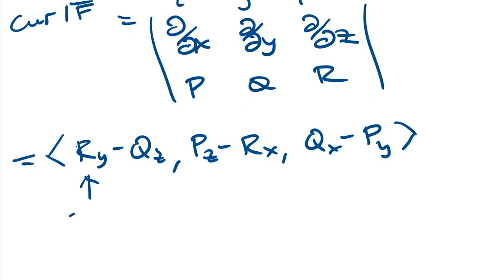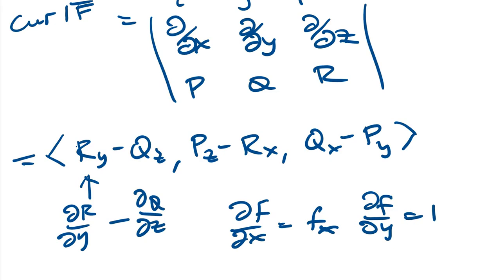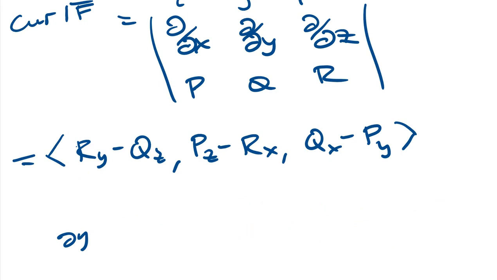This first one here is partial r with respect to y. This is partial q with respect to z. Subtract them. And all this partial stuff gets in the way. And so just like we wrote partial of f with respect to x as f sub x, and partial f with respect to y as f sub y, I'm doing the same thing up here. Partial r with respect to y is r sub y.